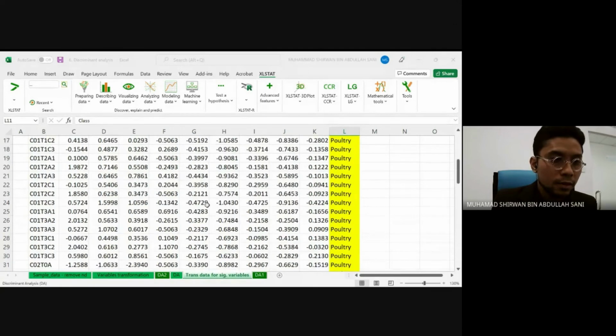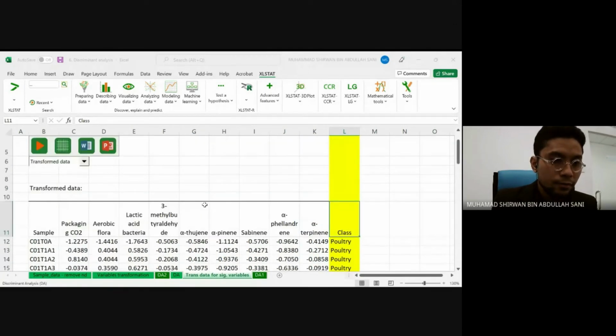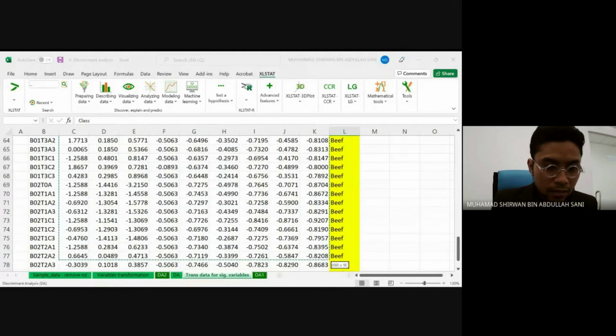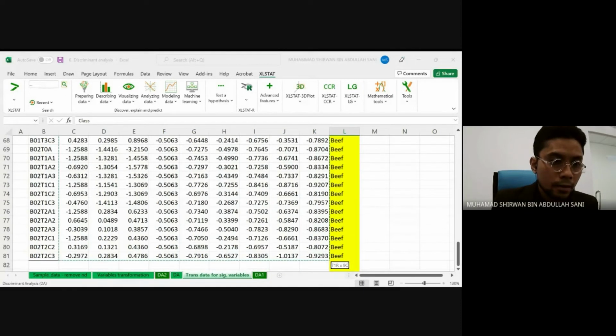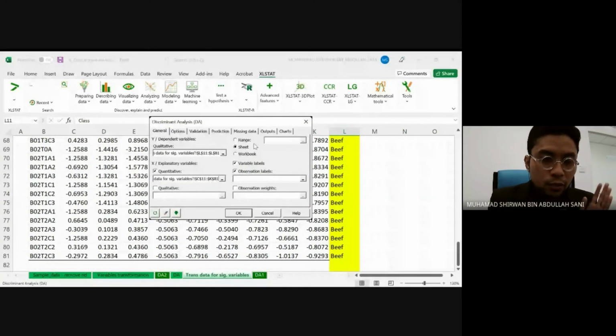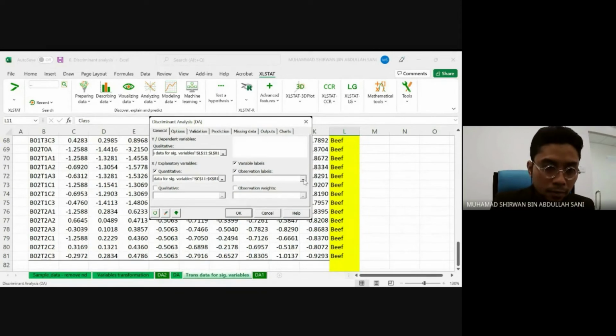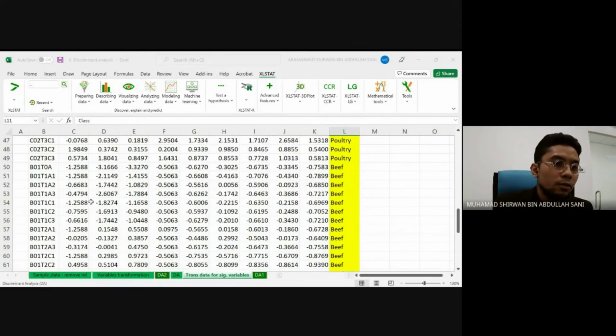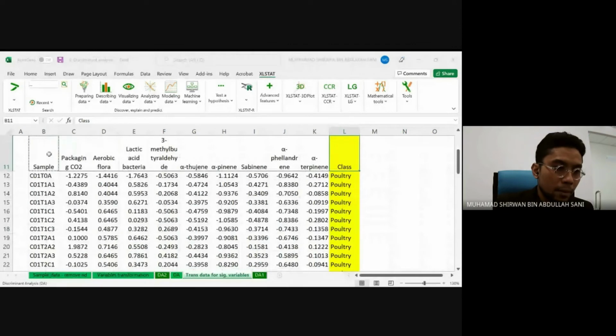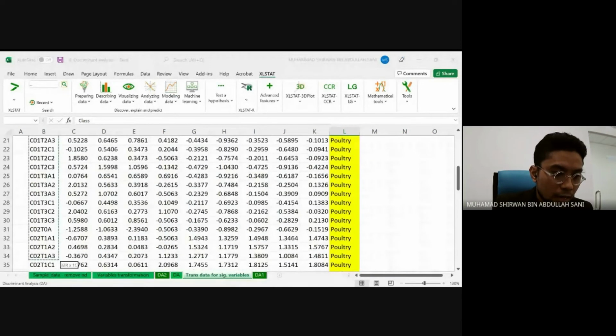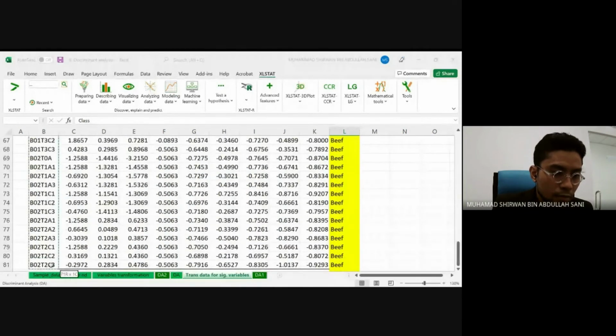Go to the first sample name, which is packaging CO2, drag to alpha terpinene and drag down to the last row. Make sure you choose sheet and variables label and observation label shall be ticked. Then for observation labels, choose your sample names starting from sample title, drag down to the last row, the last sample of beef sausage.